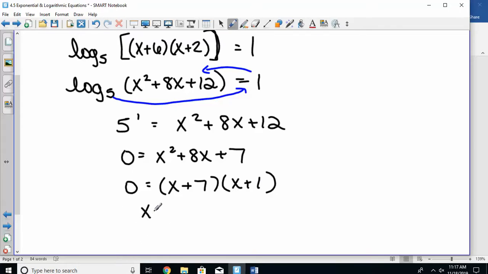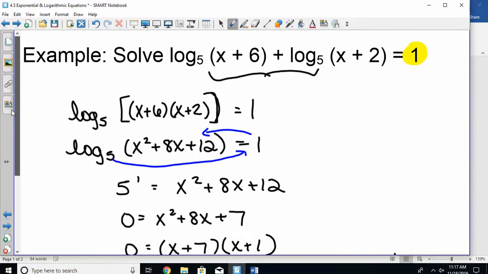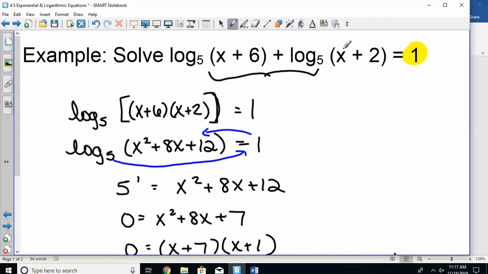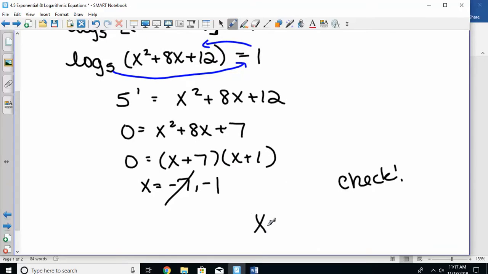Set each one to 0, so we get x to be -7 and -1. Okay, what do we need to do? Check. You have to put them into the original. If I put in a -7, -7 plus 6 is not positive, so -7 will not work. If I put in -1, -1 plus 6 is positive, -1 plus 2 is positive, so that one is okay. So x equals -1 is my only answer there.